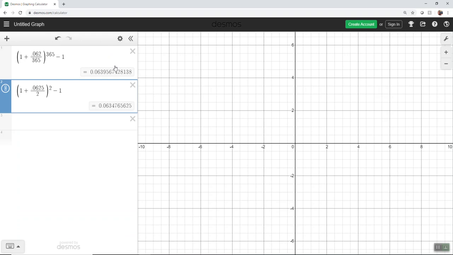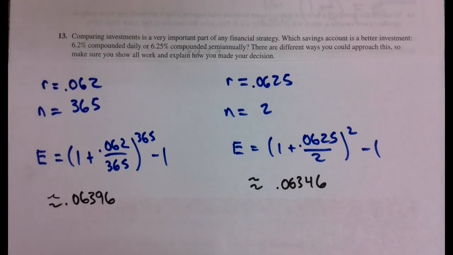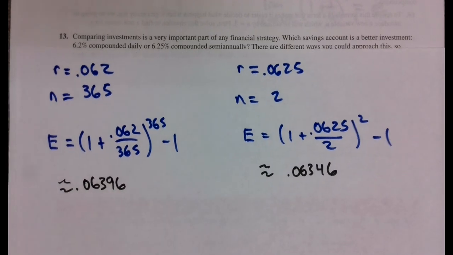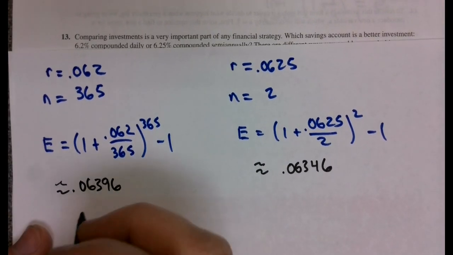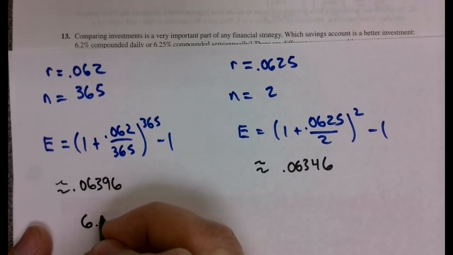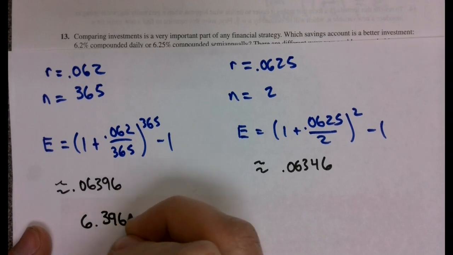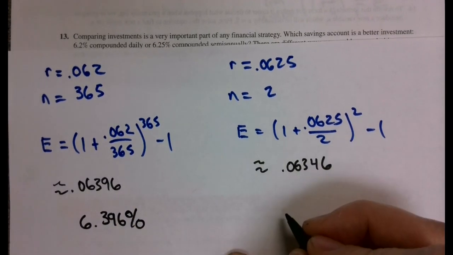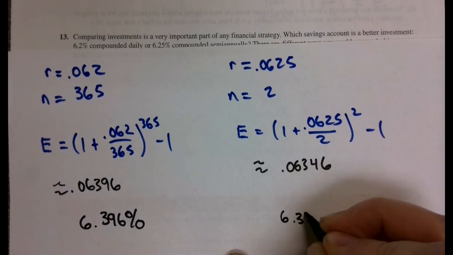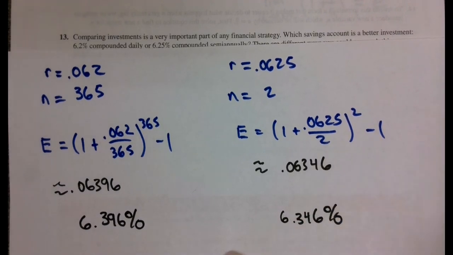So that first one's 0.06396 approximately, and that second one is 0.06346. So let's switch back and compare these two. Remember, if we want to turn these decimals into interest or percents, we'd multiply by 100. So this is 6.396%, and this one's 6.346%.